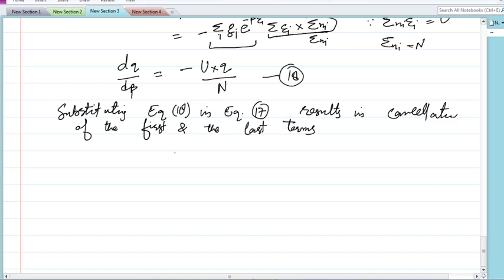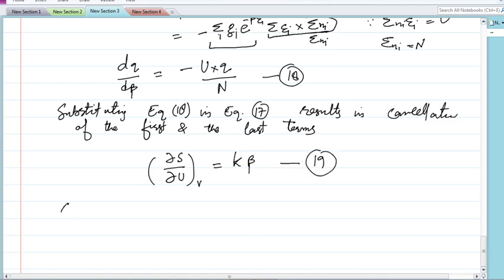It is very simple. Now you will get simply dou s upon dou u at constant volume will be equal to k beta. So this is our equation number 19.